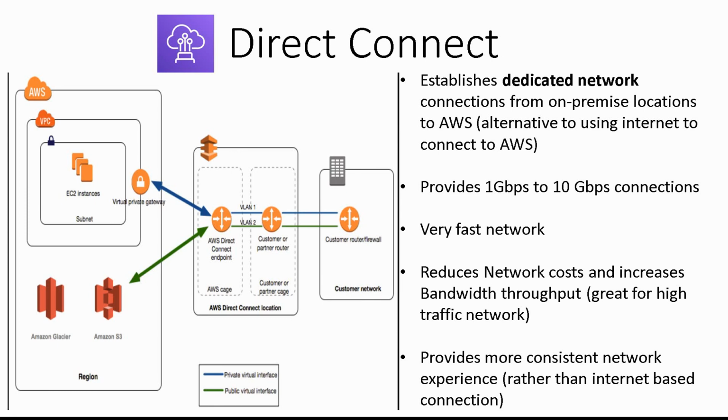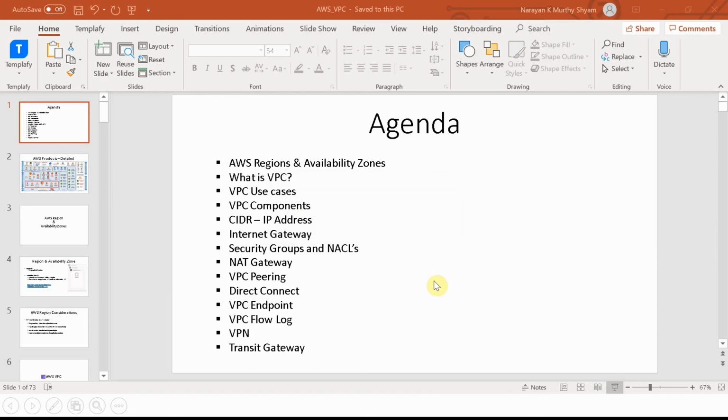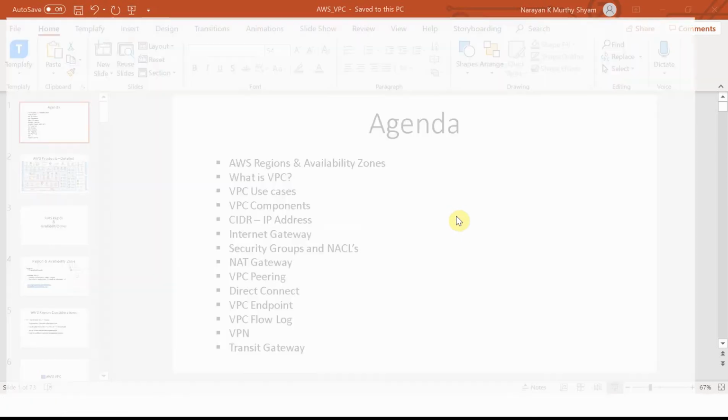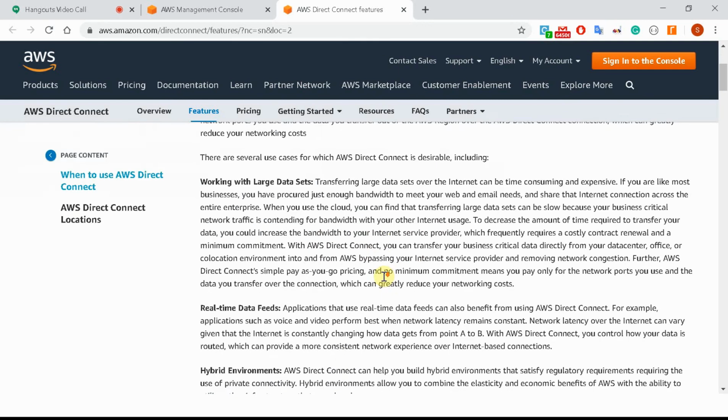That is one of the drawbacks of Direct Connect, and I think it's coming in the next slide: it is not available in all the locations yet. There's a list of locations where it is available. As I said, it is not enabled for all the regions yet, and the regions are very limited at this point, but every day the list is growing.